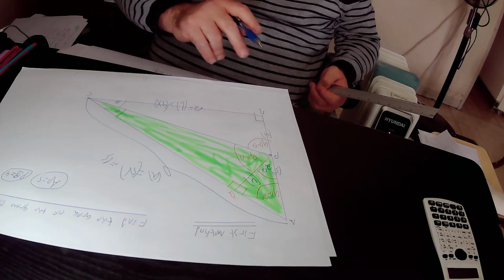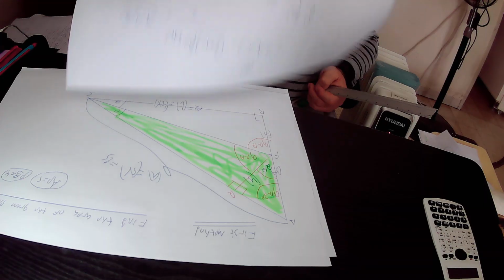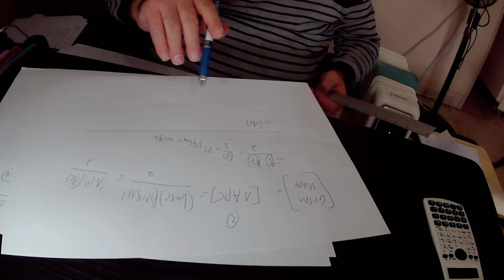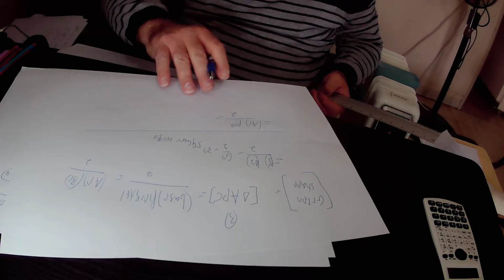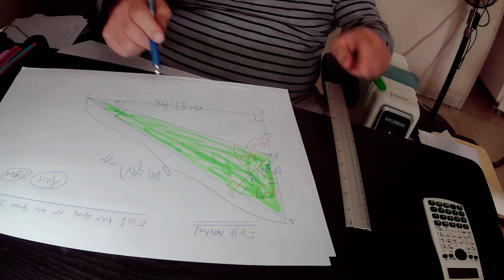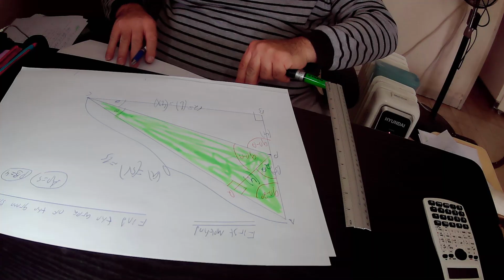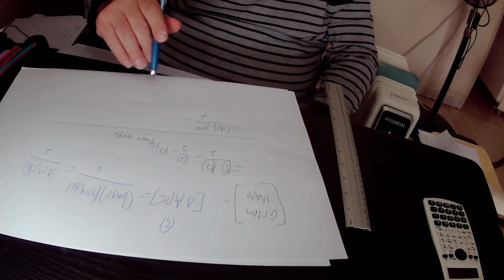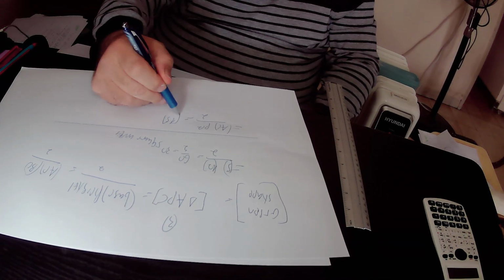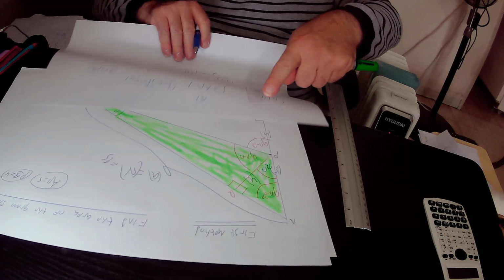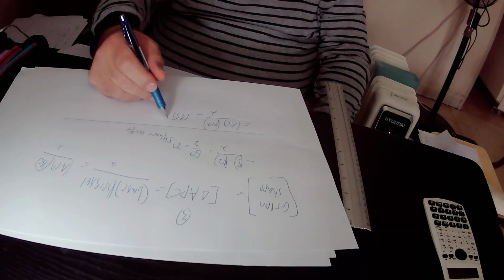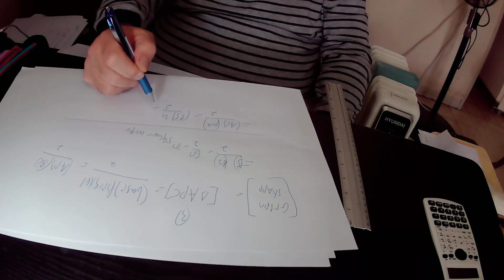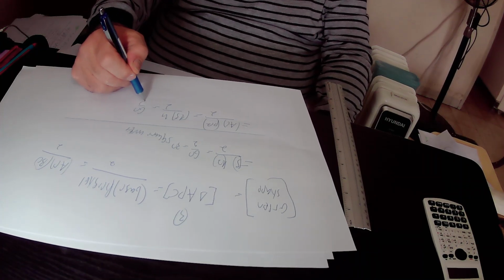So the height is PQ. Over 2. AC equals 15. Times PQ. PQ is 4 over 2. 15 times 4 is 60, and 60 over 2 is 30.